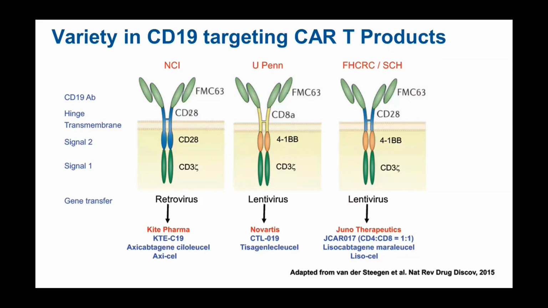So with all of these, you can see that the actual variable antigen responsive domain, the antigen recognition domain here, is common between them, and they're all using domains that recognize FMC63.